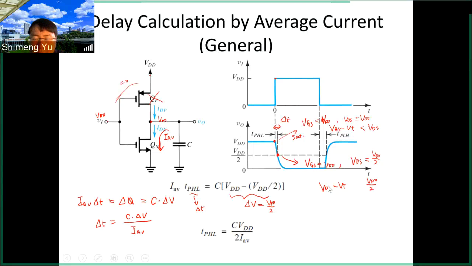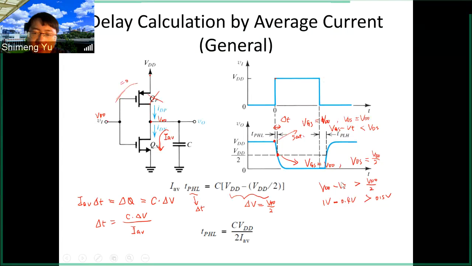This depends on the actual numbers for the VDD and VT. But in many cases, we will see this is like this. Of course, this depends on the numbers. For example, if VDD is 1 volt and the threshold is 0.4 volts, then this is 0.5, so this will satisfy the condition.